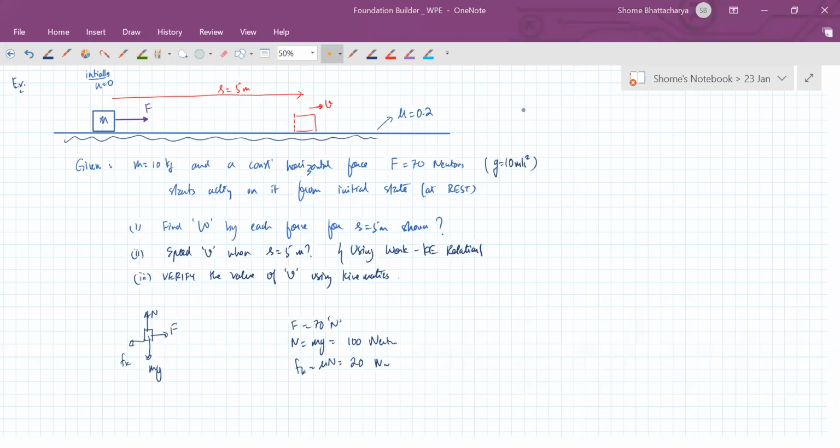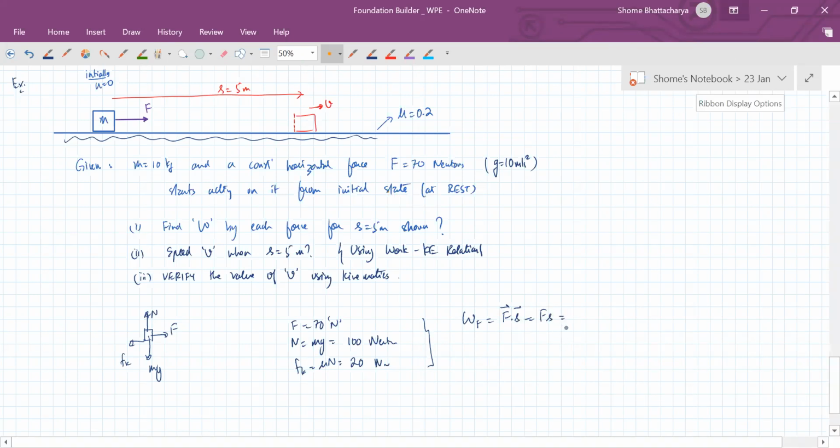Okay. So when it comes to calculating the work done, for F it will be F into S. So that will just become 70 newtons into 5 meters. So plus 350 joules. Okay. Work done by normal reaction will be zero.